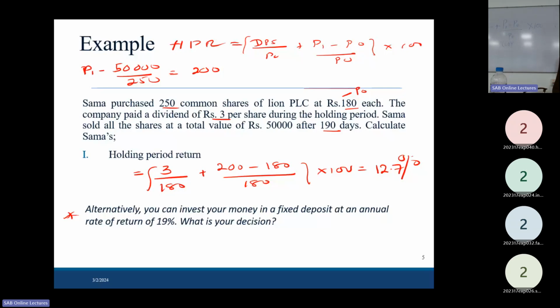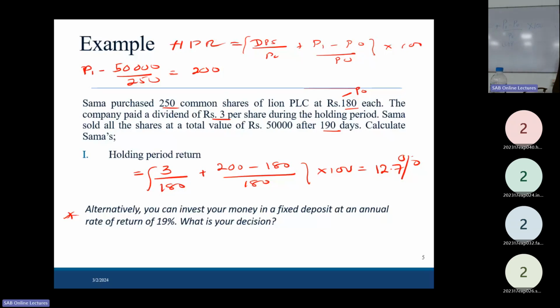So you cannot compare. In order to compare this holding period return with other alternative investments, like a fixed deposit, treasury bill investment, or bond investment, whatever the alternative, you have to convert this holding period return to an annualized rate of return. You have to annualize this.